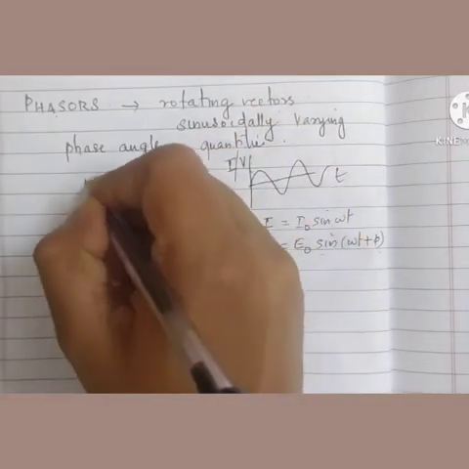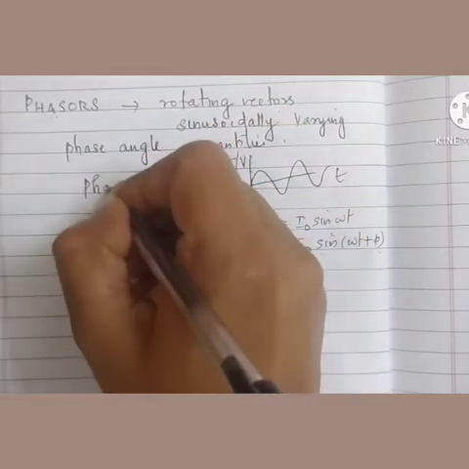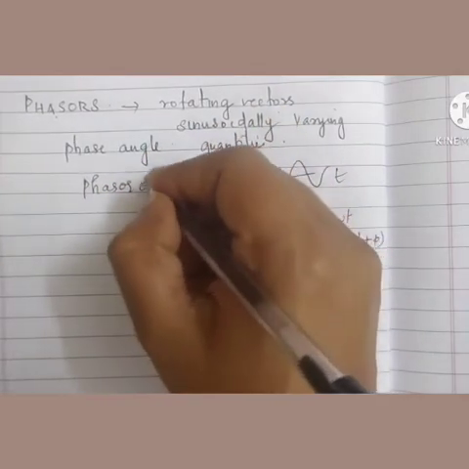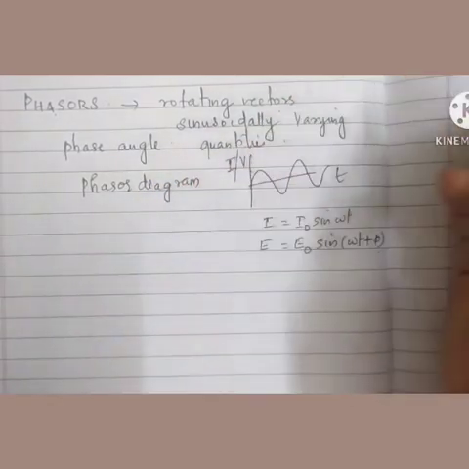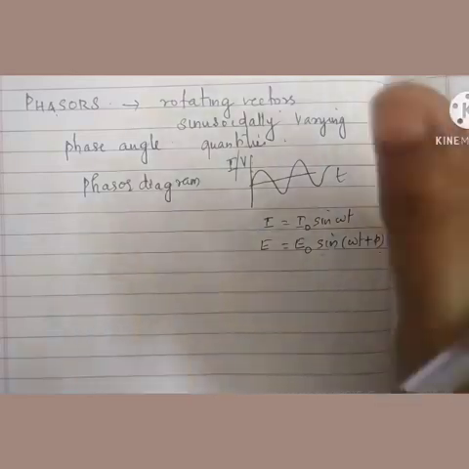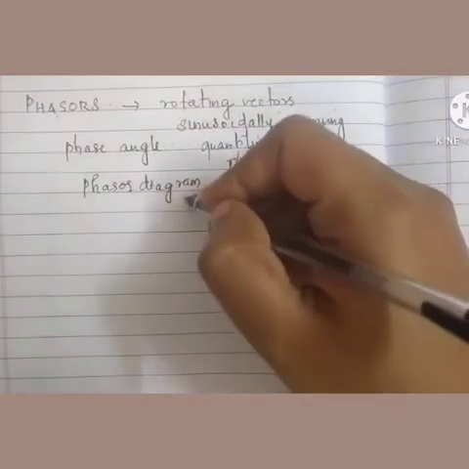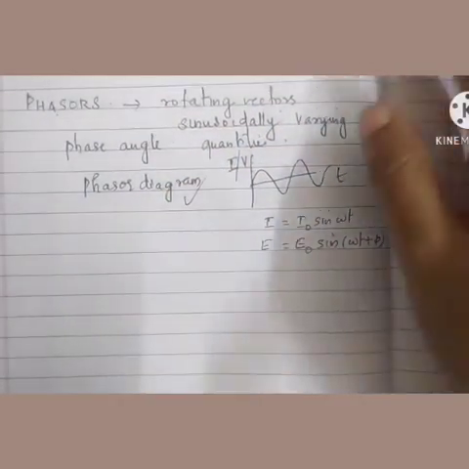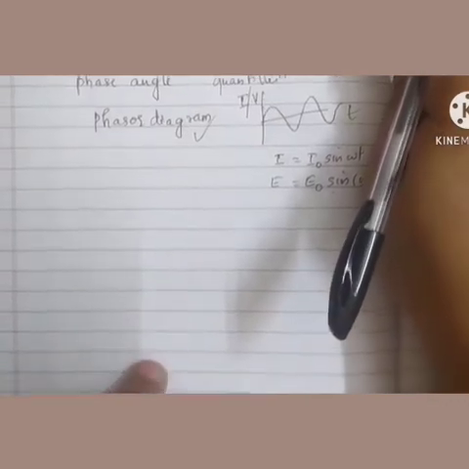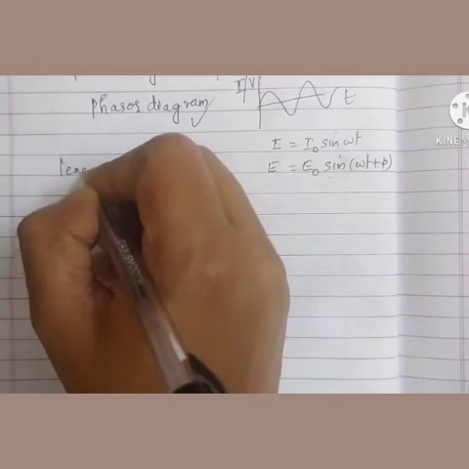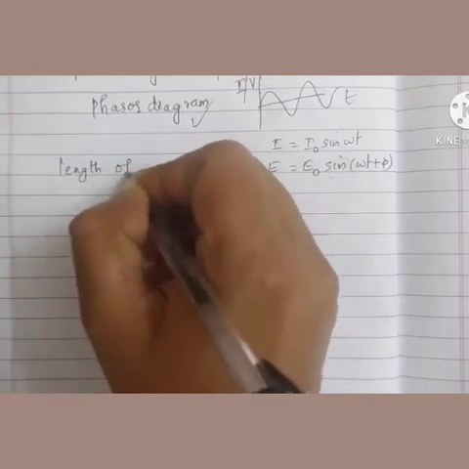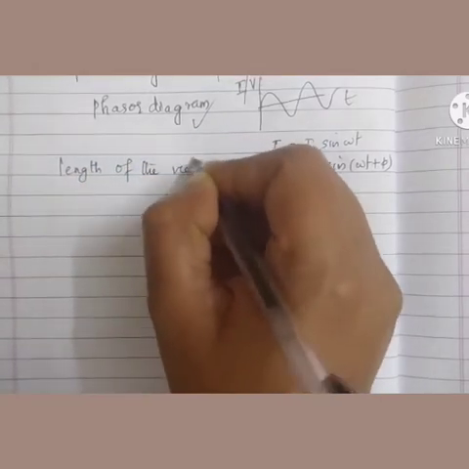Okay, so a diagram representing alternating current, then alternating EMF as rotating vectors with the phase angle between them is known as a phasor diagram. Clear?